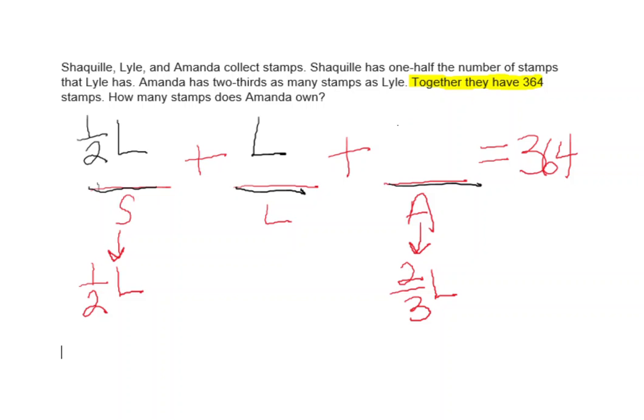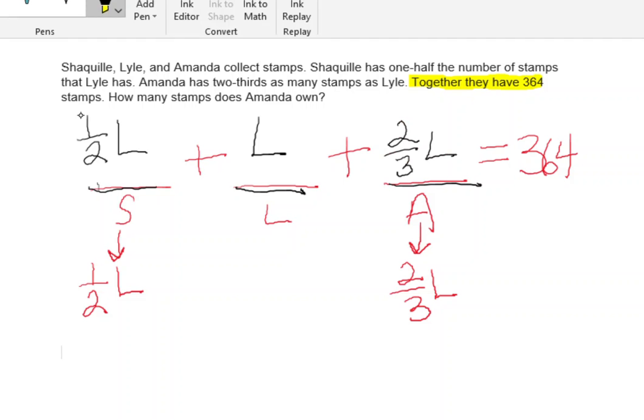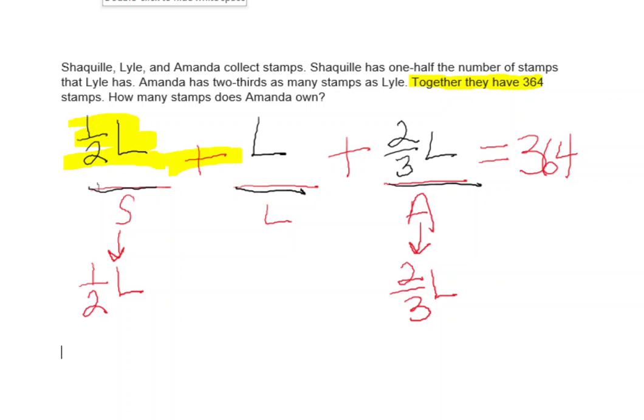And then Amanda has 2/3 the amount of Lyle. So now we have an equation, 1/2 L plus L plus 2/3 L equals 364.